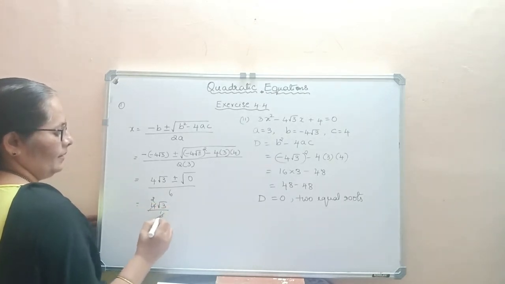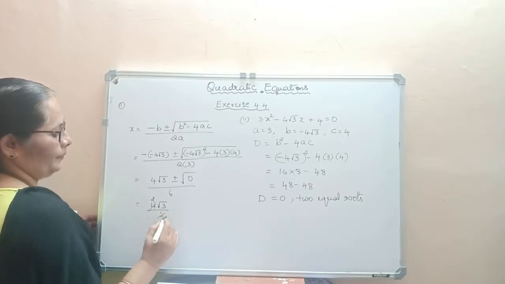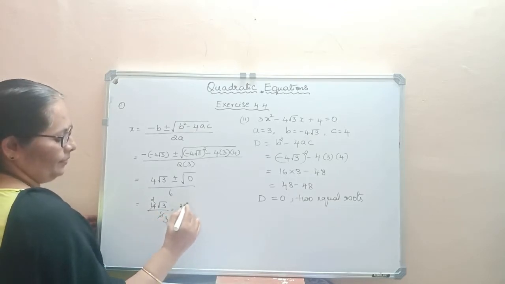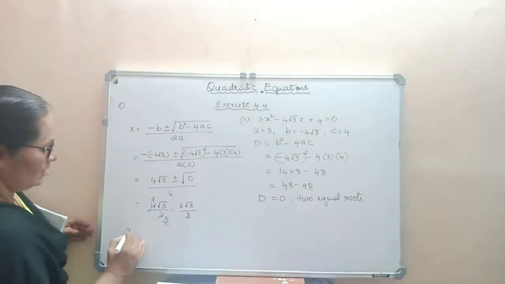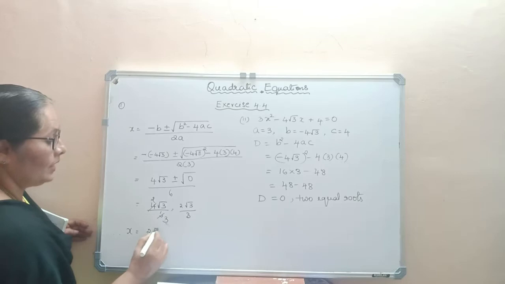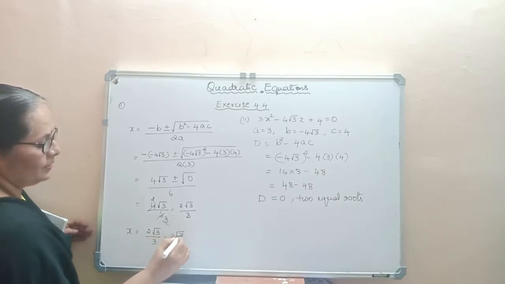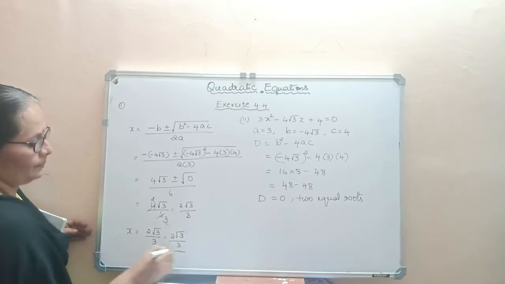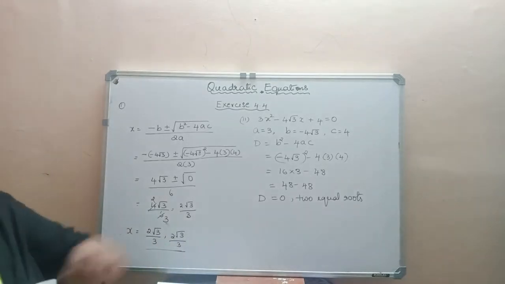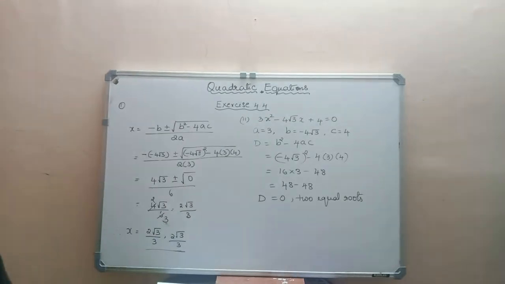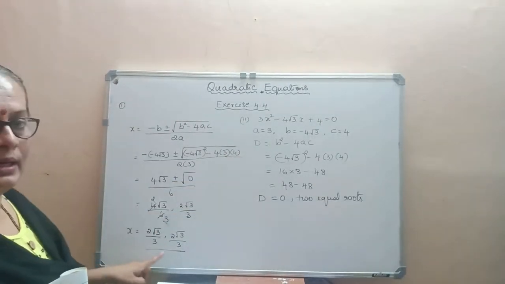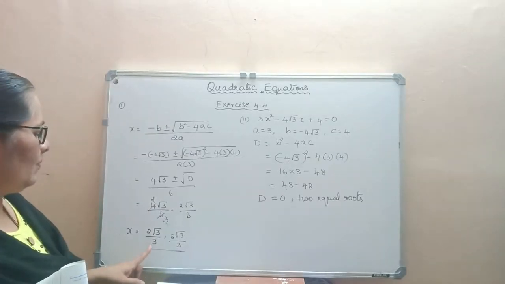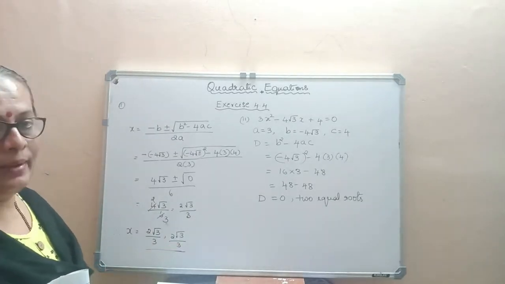Simplify by 2, so you will get 2 root 3 by 3. Therefore, x equals 2 root 3 by 3 and 2 root 3 by 3. So the equation 3x square minus 4 root 3x plus 4 equals 0 has 2 equal roots, that is 2 root 3 by 3 and 2 root 3 by 3.